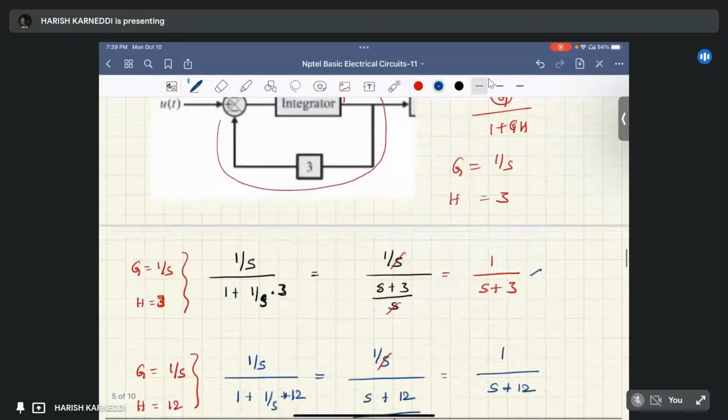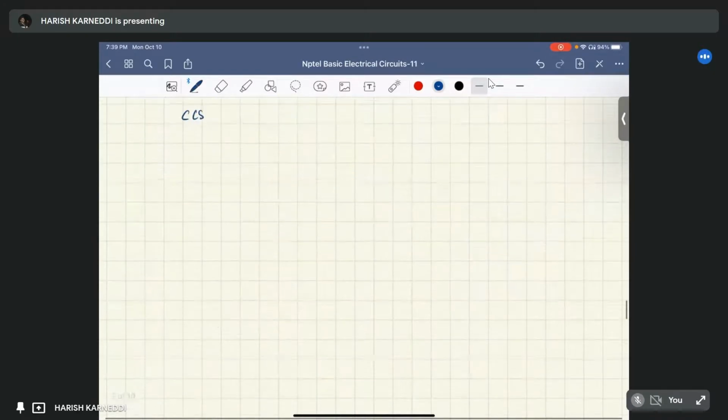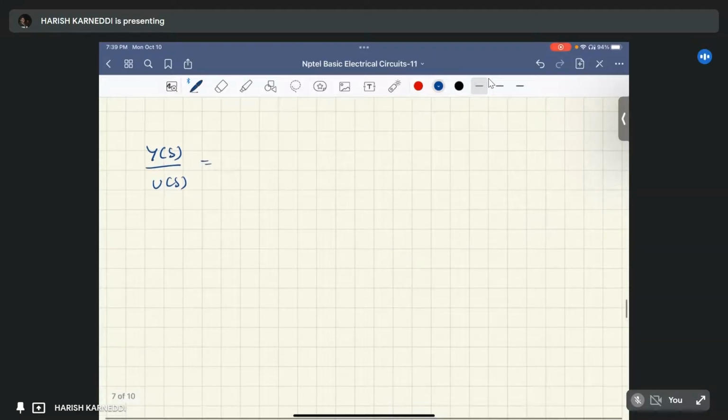Y of S by U of S is equal to, it is a negative feedback, so it is G by 1 plus GH.